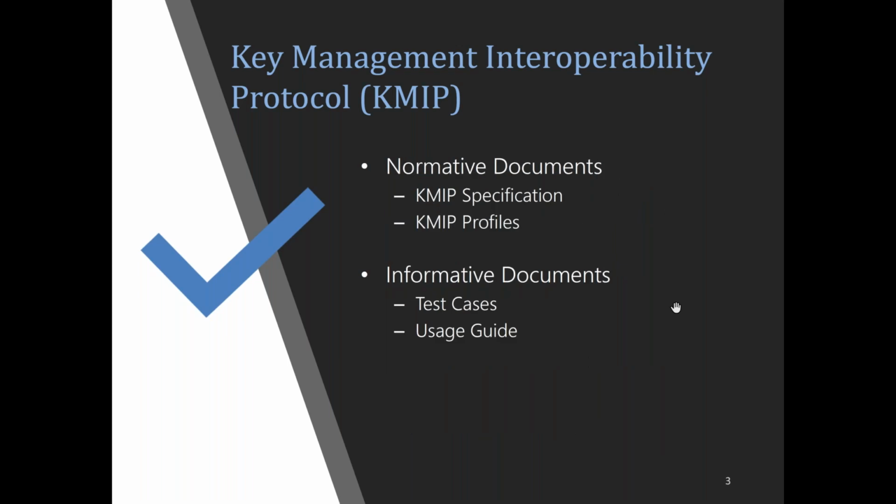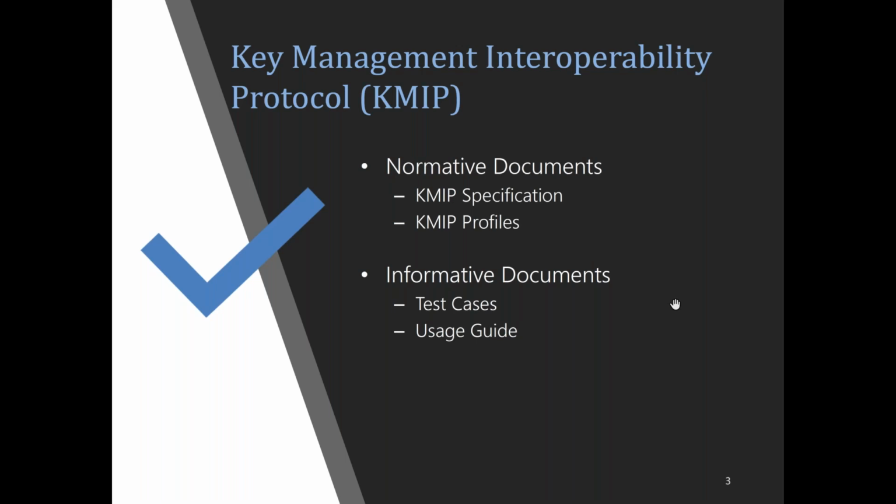Our particular technical committee produces 4 documents, 2 of which are normative and go on the OASIS standards track. One of which is the actual specification of the protocol. And the second is profiles, which are essentially a view of the set of functionality that you may find in the specification that are applicable to specific use cases or applications.